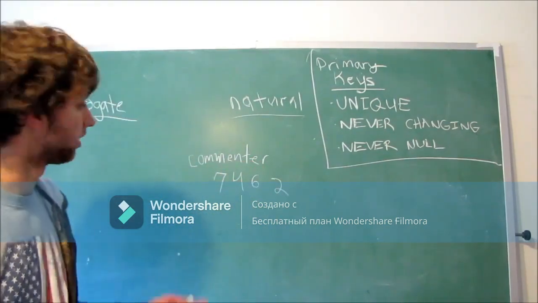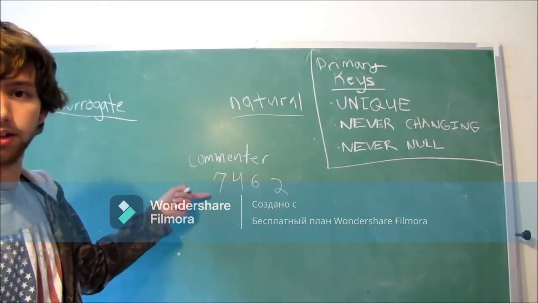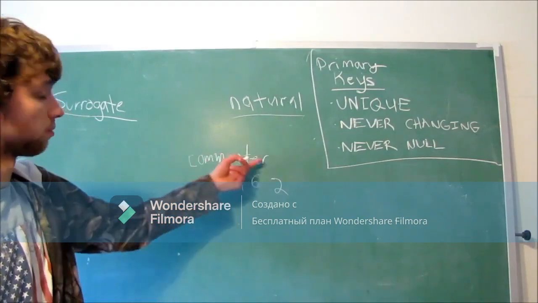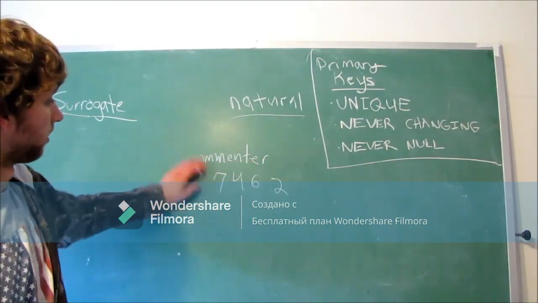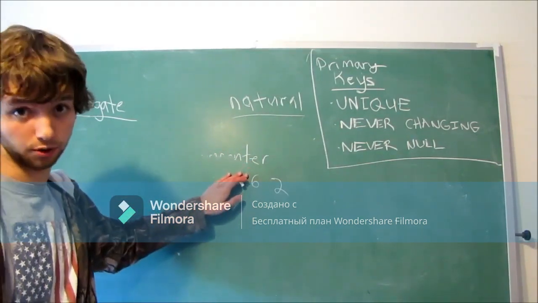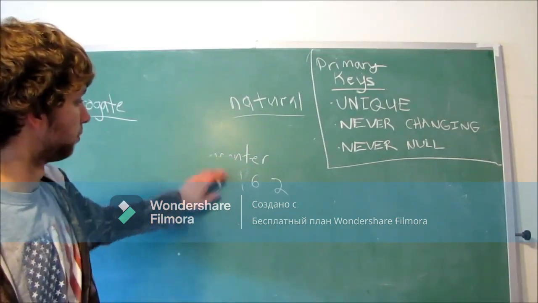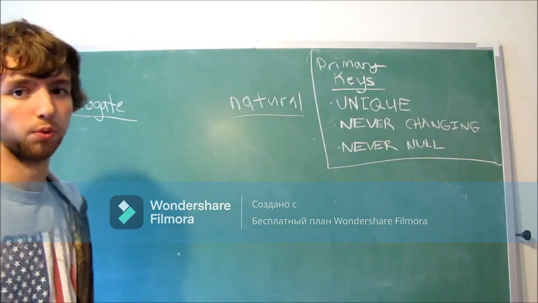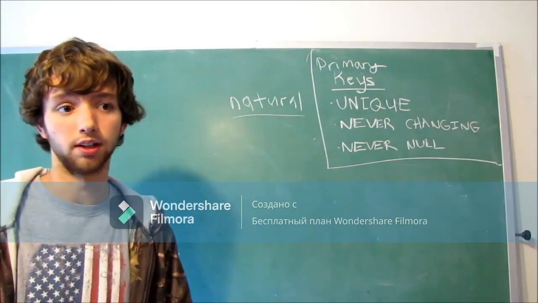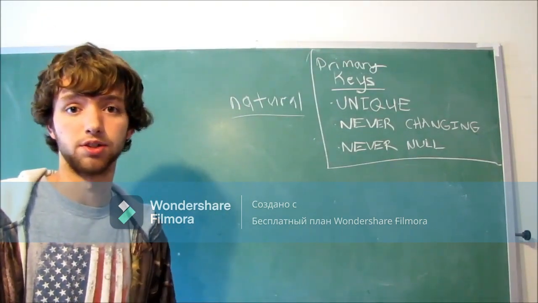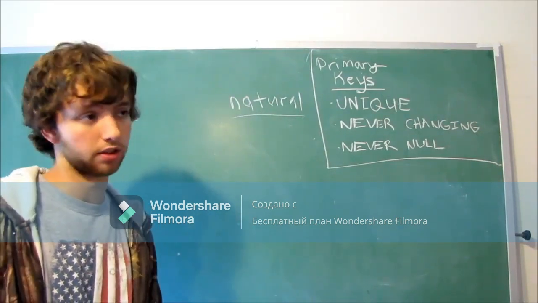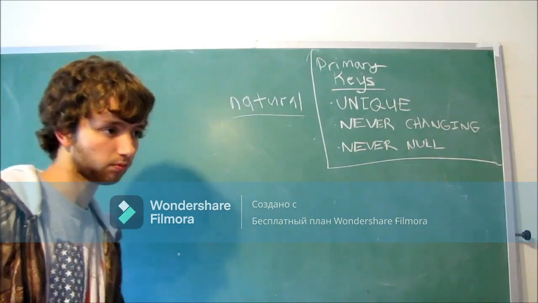Well, this is kind of clear. It's talking about the user with the ID of 7,462. Sometimes columns won't be very descriptive though, and that would be a fault in the designers, so make sure you name your columns right. But when working with other people, you can sometimes get confused about exactly what references what, and you have to do a little bit more thinking and check the actual database structure, the way it's programmed, or however else. So that's a couple things that are confusing.